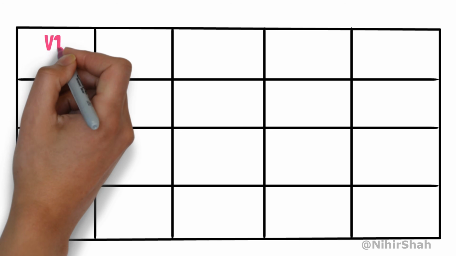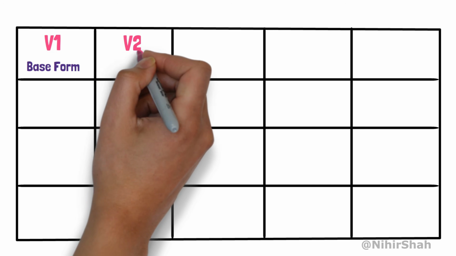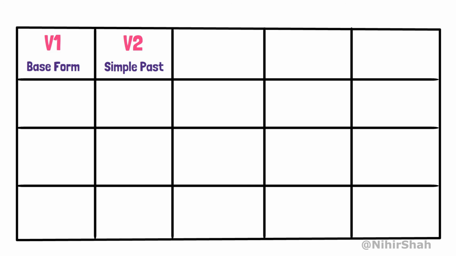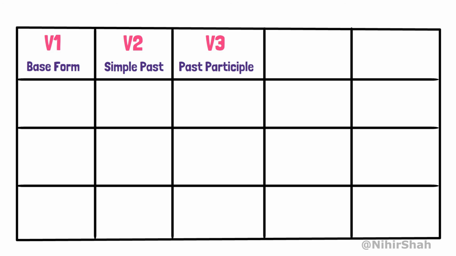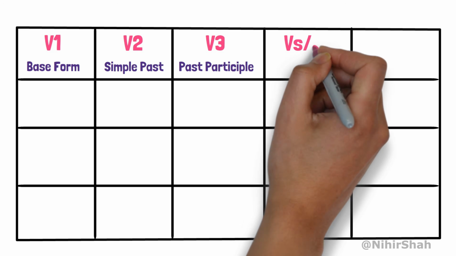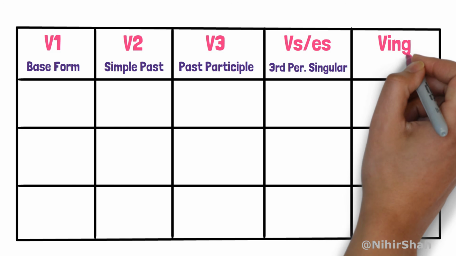Number 1, V1 or verb's base form. Number 2, V2 or simple past form. Number 3, V3 past participle form. Number 4, VS or ES form. And number 5, VING form.